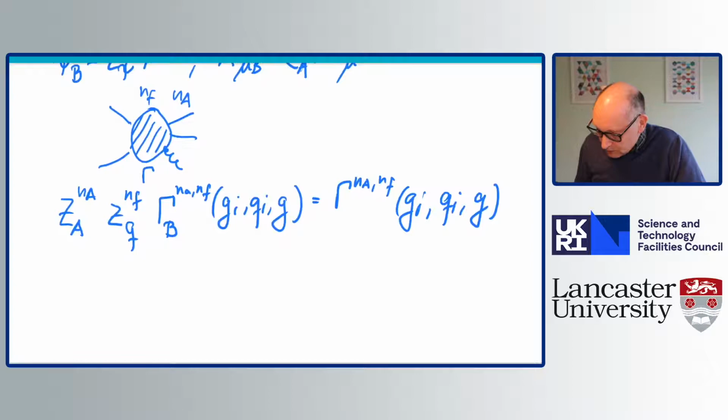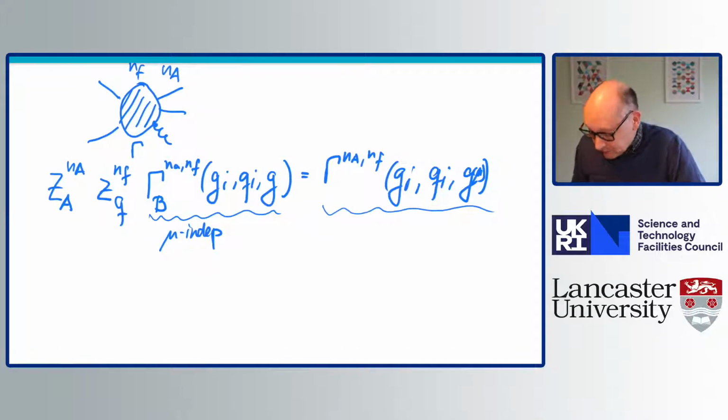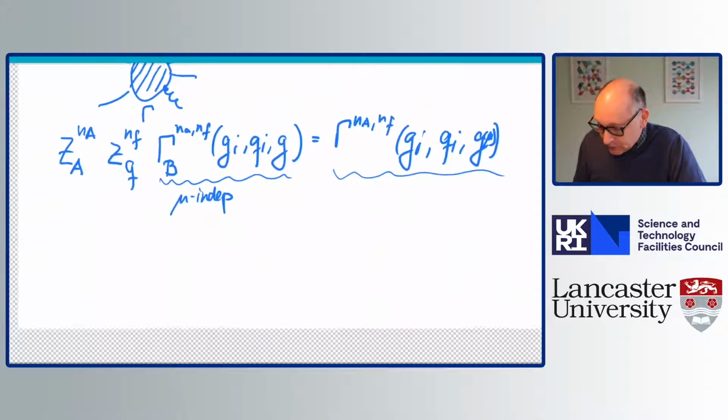Now, since the bare quantity here is mu independent, the Z's have all the mu dependence, and so does the physical Green's function over here.